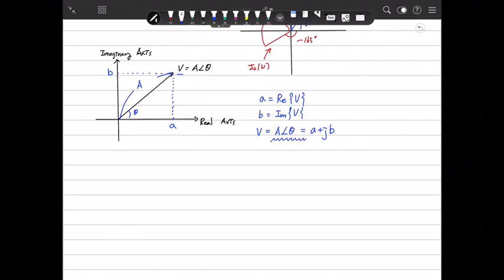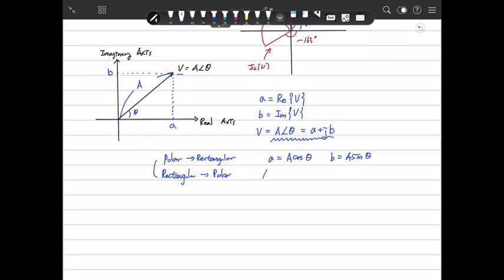The relation of these forms: A is the magnitude times cosine theta, and B is the magnitude times sine theta. So that is polar form to rectangular form, or in reverse, rectangular form to polar form.